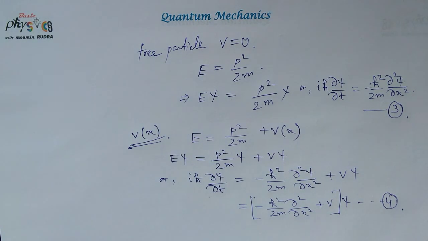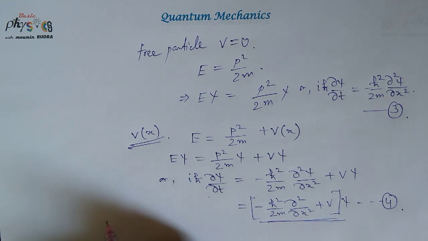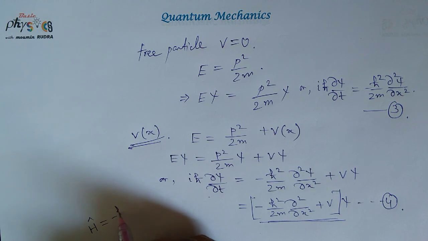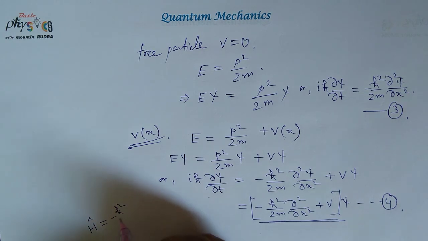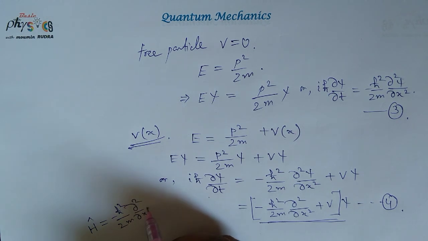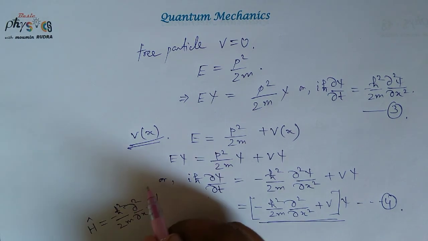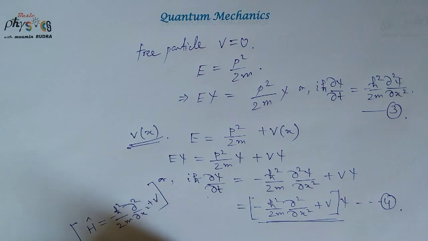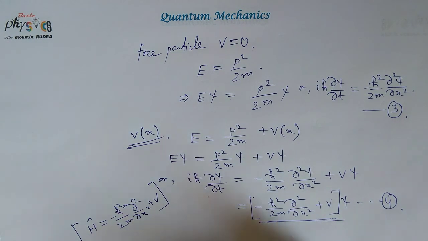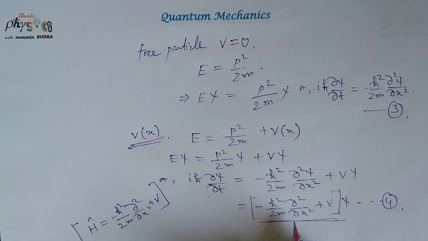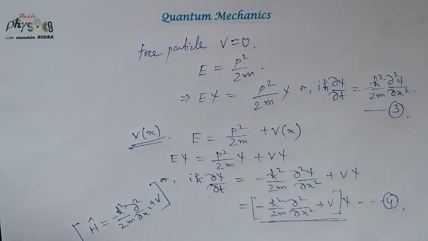This term is called H, the Hamiltonian operator, equal to minus h bar square by 2m d2 by dx2 plus V. So this H is the Hamiltonian operator for one-dimensional motion.